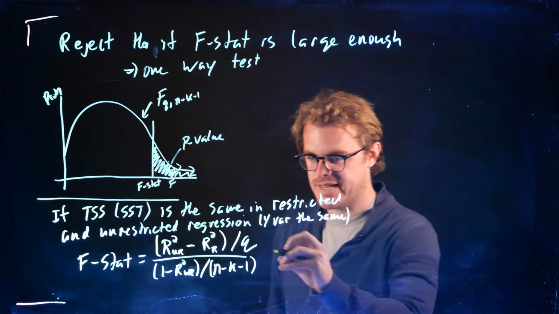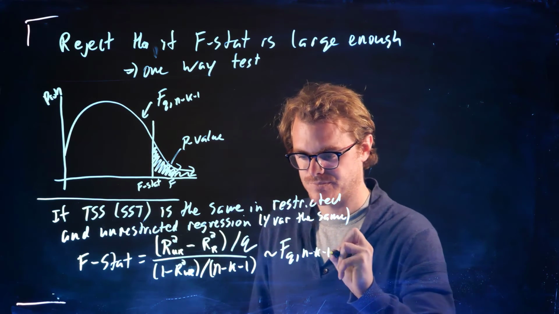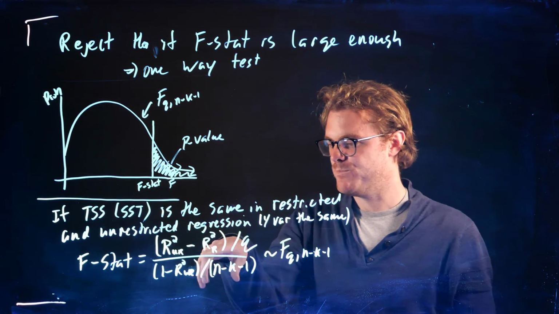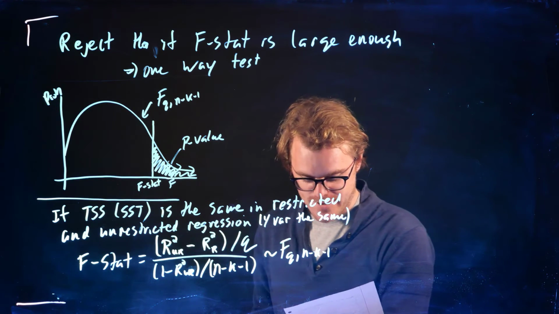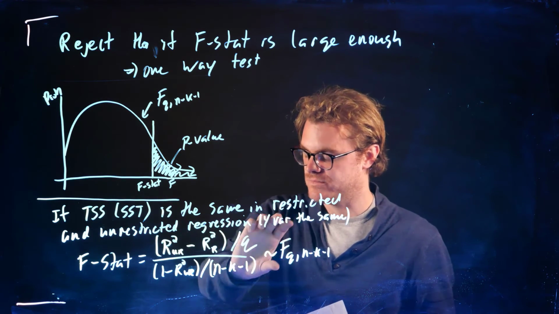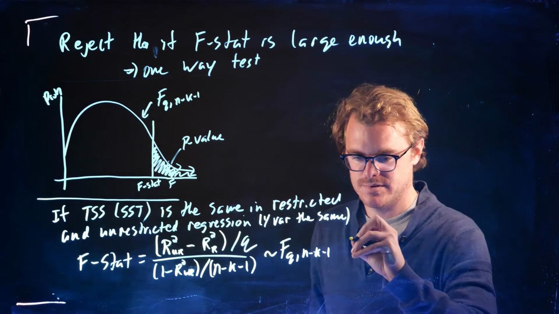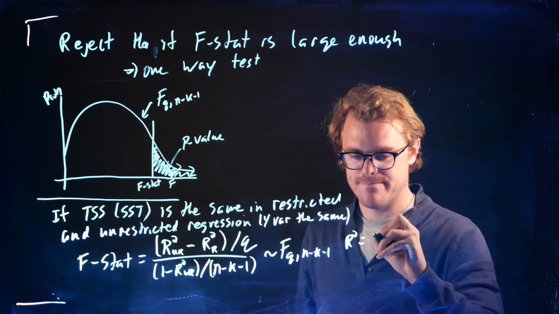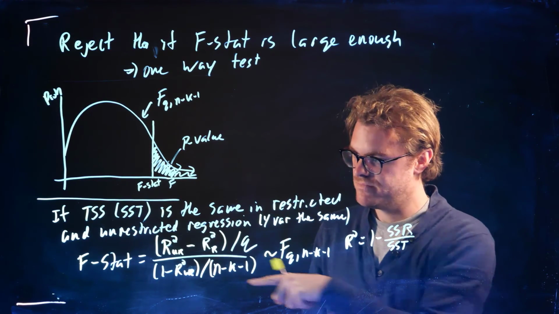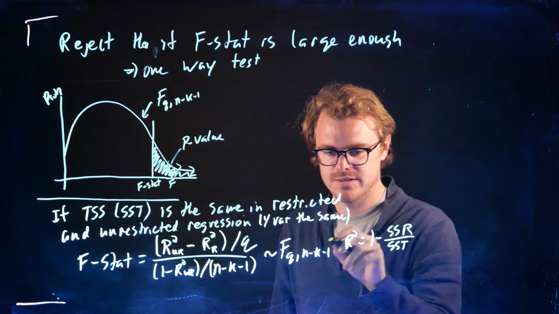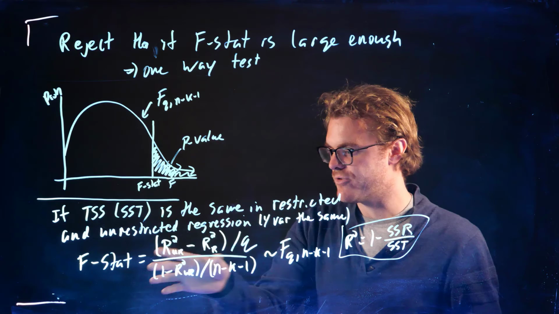And this has the same distribution, q, n minus k minus 1. We rearrange the other formula we had, using the fact that R squared equals 1 minus SSR over SST, or TSS, whichever one. So that's just some algebra, and you can change the other formula to this one.